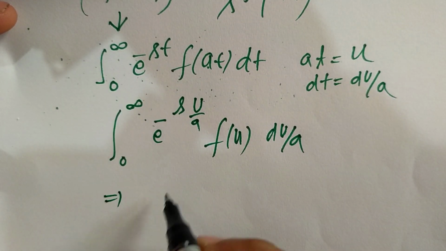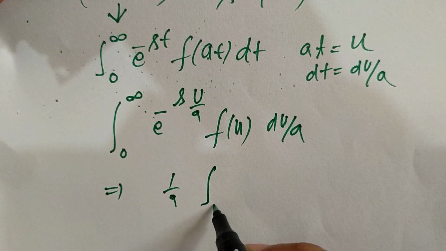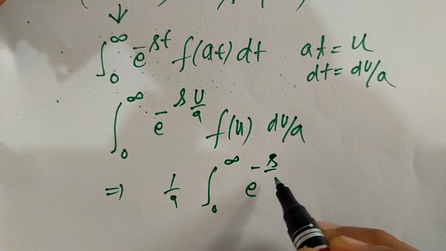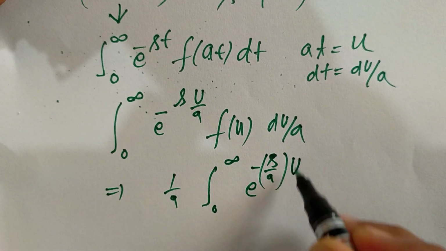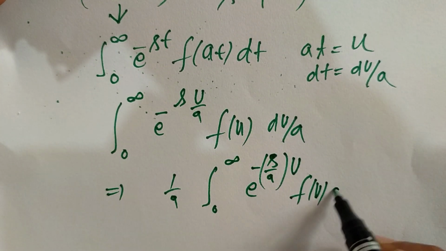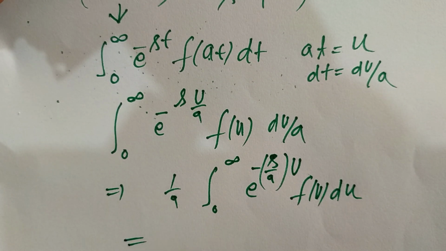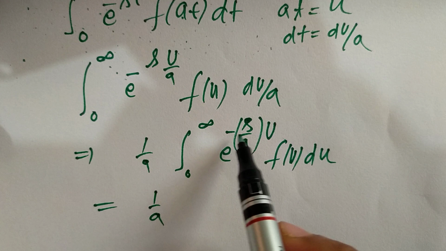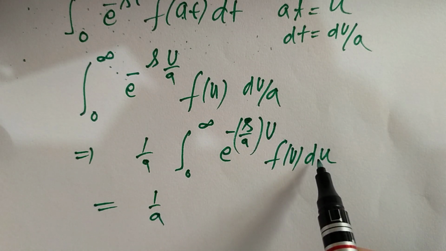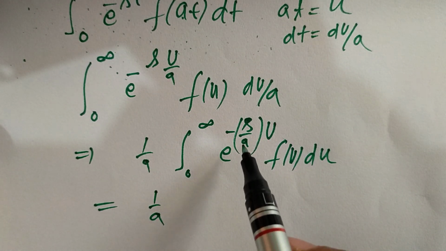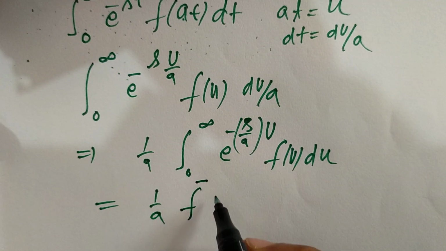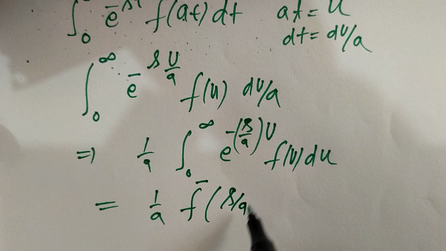So this we can simplify: 1 by a integral 0 to infinity e power minus (s by a) u f of u du. Now 1 by a, and here e power minus su f u du means F bar of s, but in the place of s we have s by a, so this will be F bar of s by a.